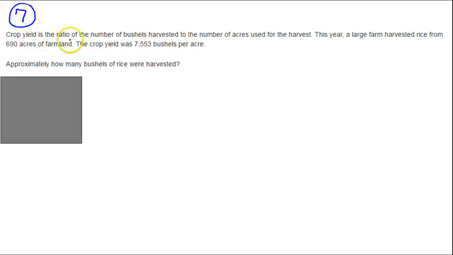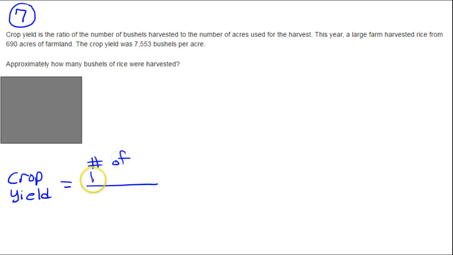Crop yield is the ratio of the number of bushels harvested to the number of acres used. Let's write that down. Crop yield is equal to the ratio of the number of bushels harvested to the number of acres used.